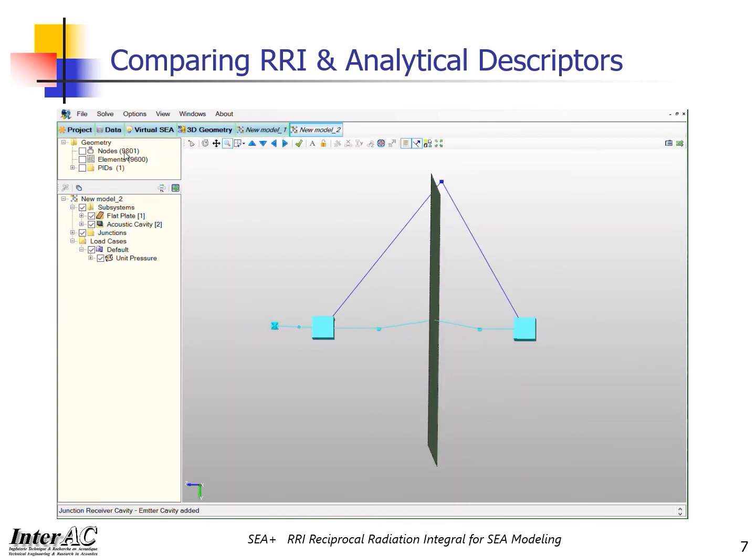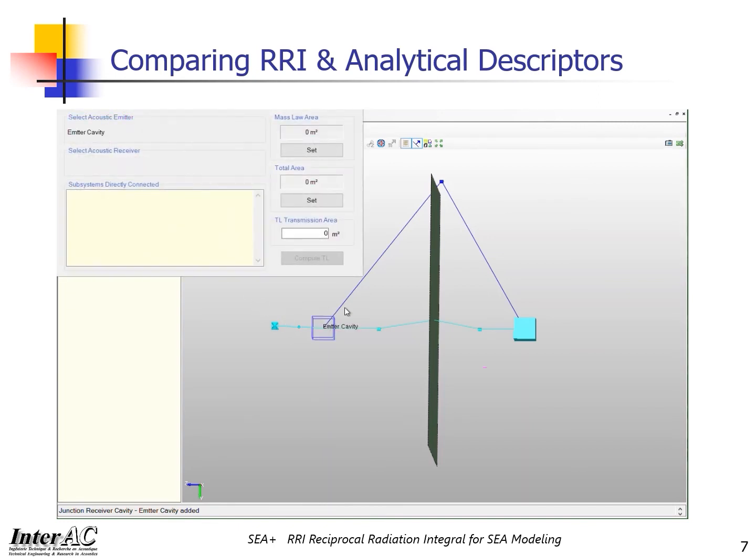So in that case, I can run the transmission loss, for example, with this data.